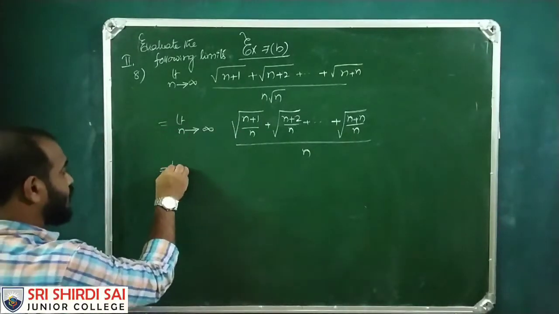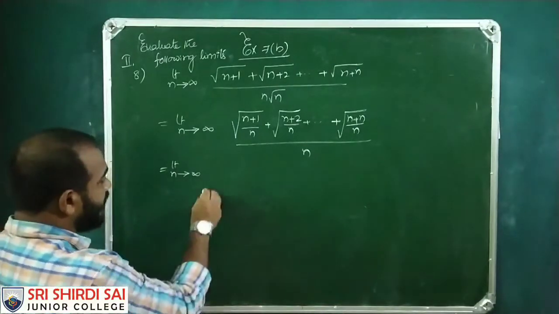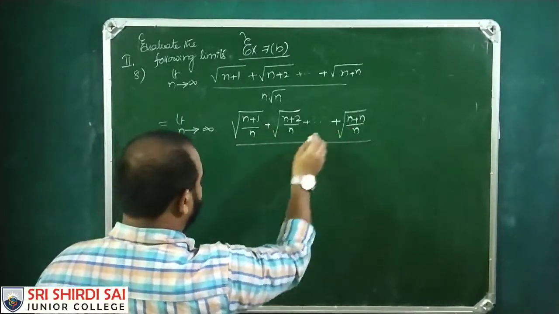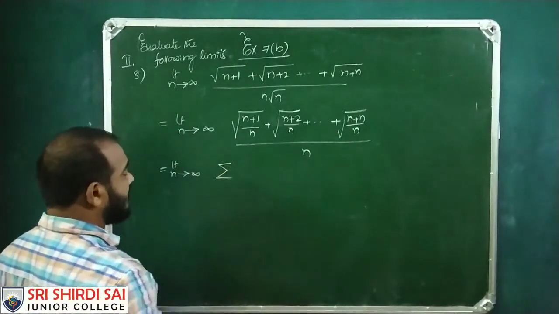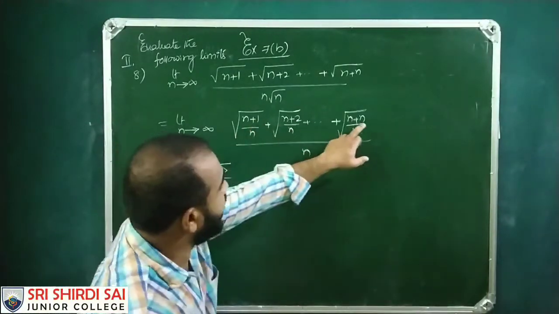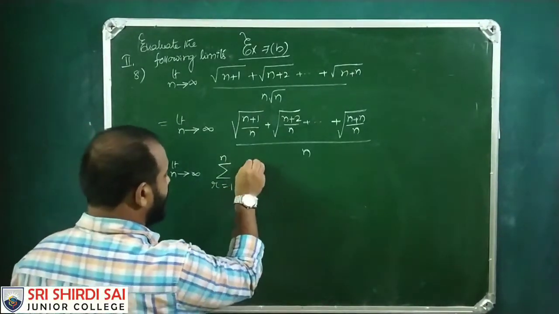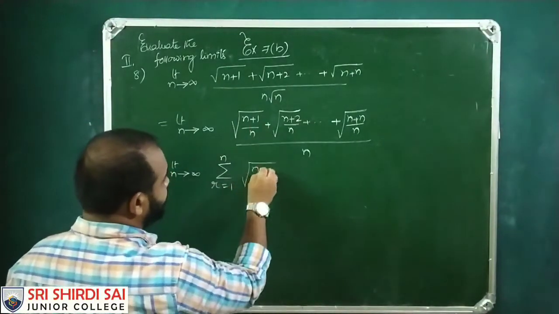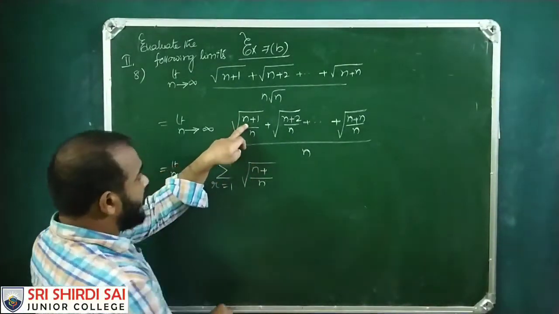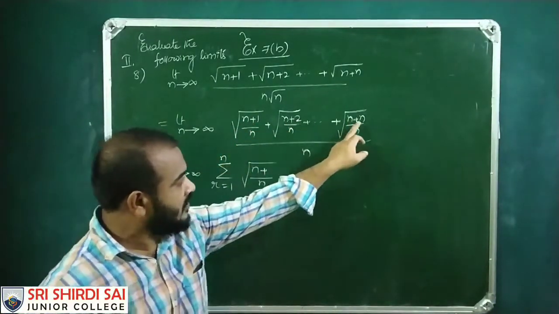So this is equal to limit n tends to infinity. Since this is the summation of a series, I can write the sigma notation, r runs from 1 to n, square root of n plus, so this n by n is common, but here this is 1, this is 2, and so on, this is n.